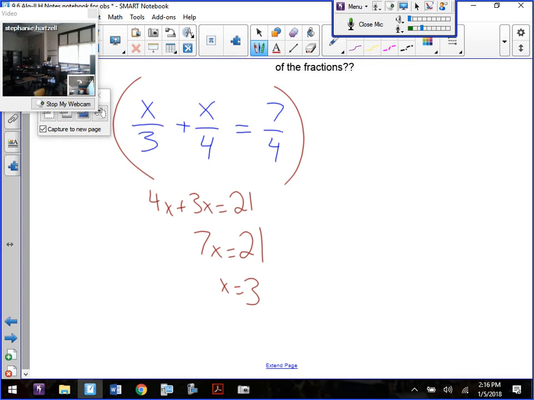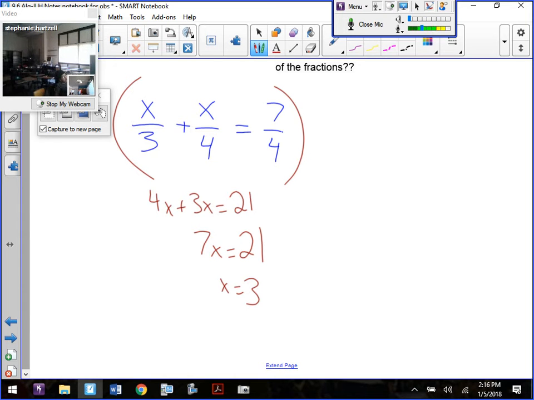Quick question. Do I have to worry about 3 for an answer for this? Why? Okay, but where's my variable? It's 3, but you're right, it's on top. What's the top number called? Numerator. Can the numerator be any number?